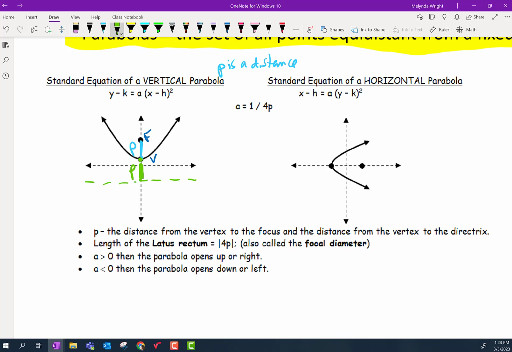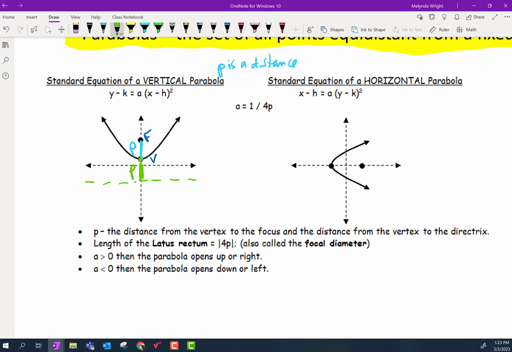And in my mind, it seems like it helps it to balance. It's an important piece of information, especially when we do, which we won't do this year, polar equations of conics. It's really important. The directrix is important. For us, it's just a little dotted line. It is not an asymptote. It is not an asymptote. It is a directrix. That is a different thing.